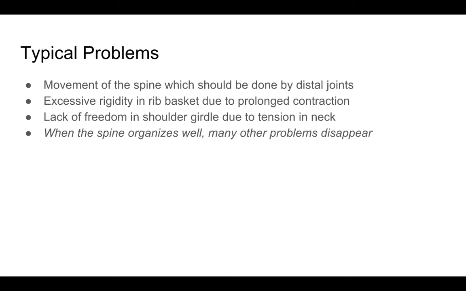When we learn to reorganize the central axis, hip mobility starts to improve, shoulder mobility starts to improve, issues of coordination start to improve, because we've begun to reset and reorganize our central axis. Again, the axis around which so much of our movement revolves.